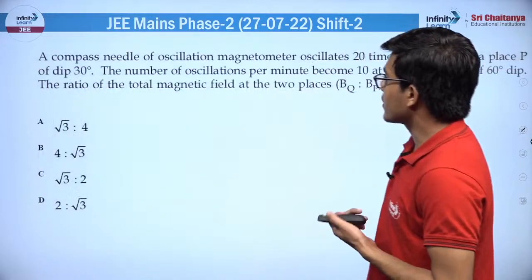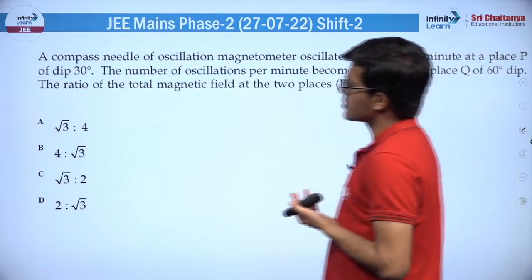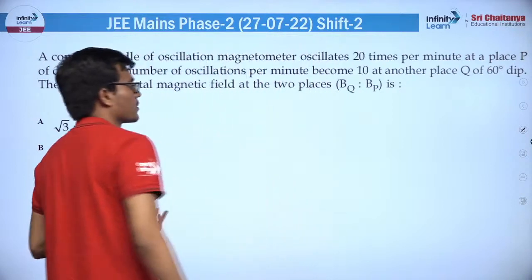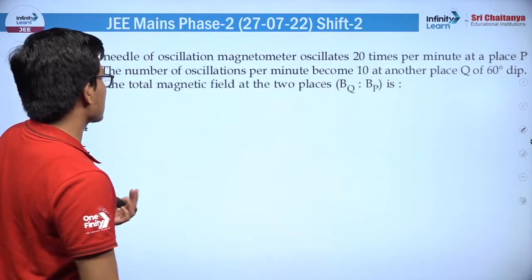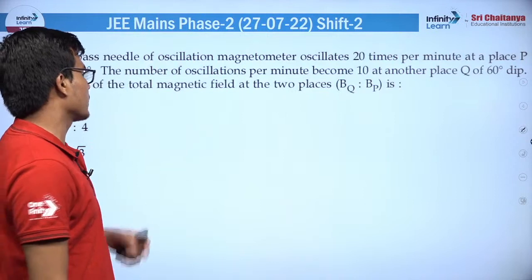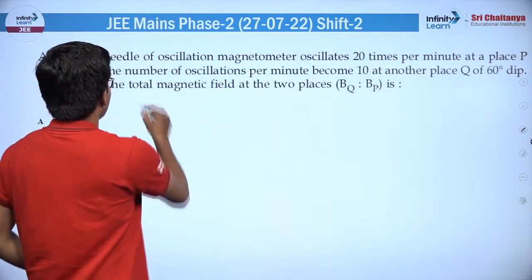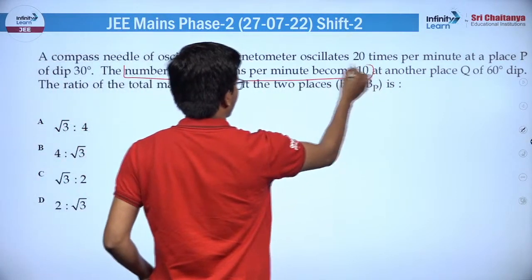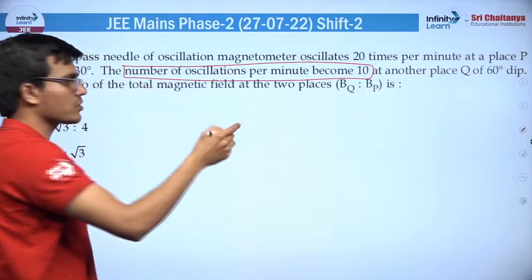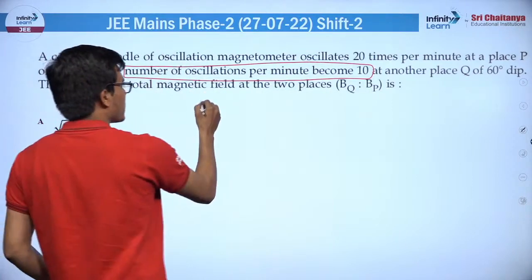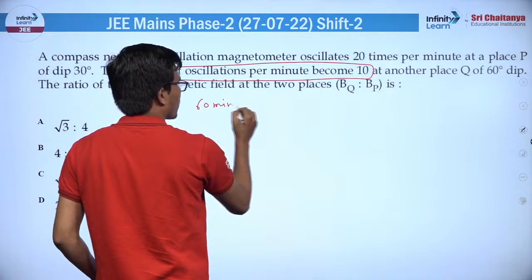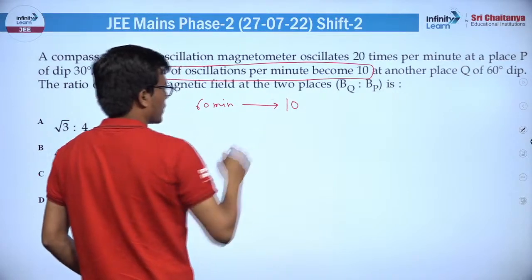Moving ahead, a compass needle oscillates 20 times per minute at the first dip, and the number of oscillations per minute is 10 at the second, and you have to find the magnetic field. Read this statement properly so you can get the time period. Number of oscillations per minute is 10, means 10 oscillations in 60 seconds.